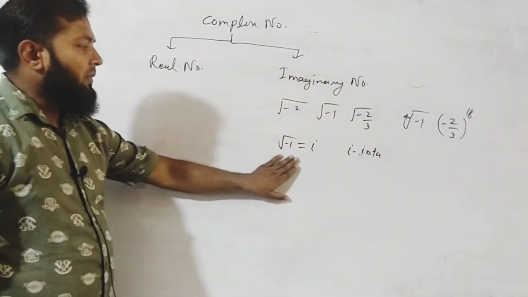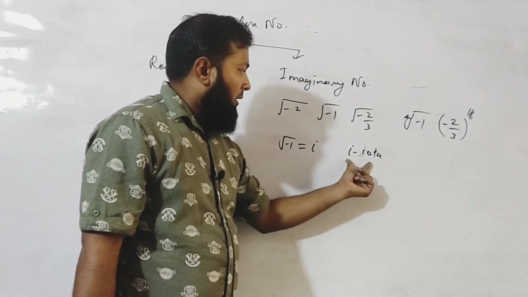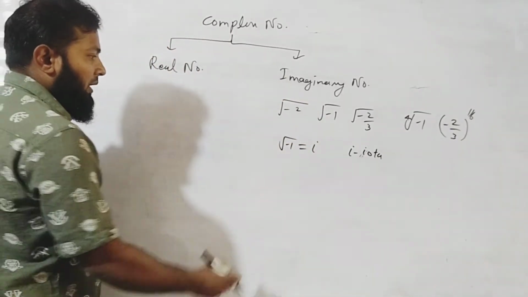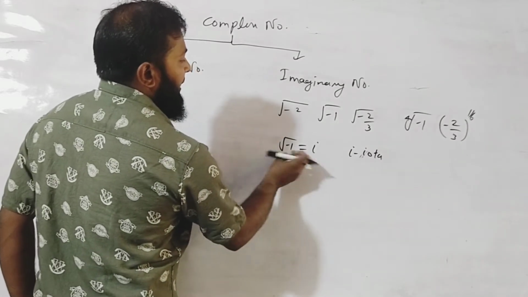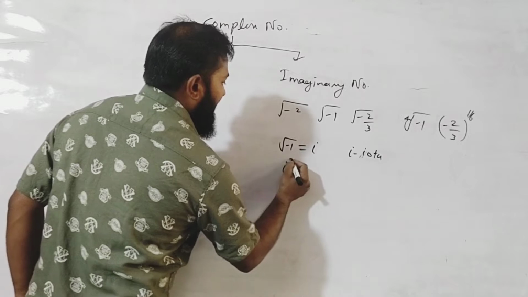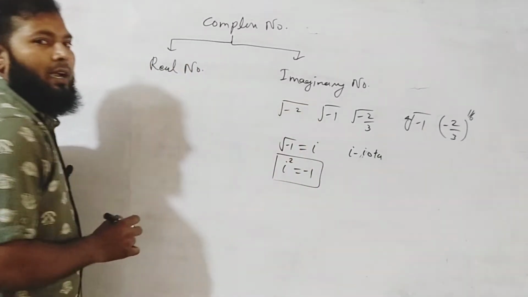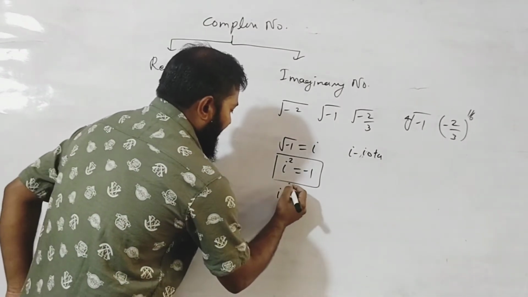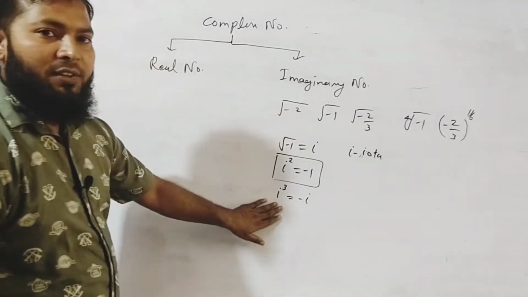We can get some standard results from square root of minus 1 equal to i. If we square both sides, then we get i squared equal to minus 1. This is an important result. And if we multiply by i on both sides, then we get i cubed equal to minus i. This is also an important result.